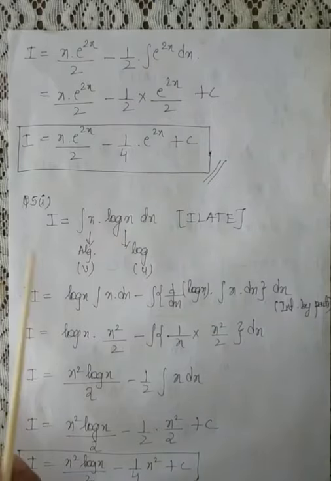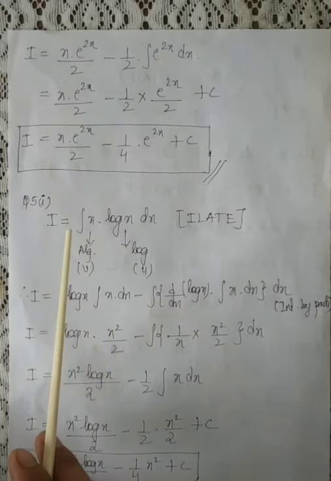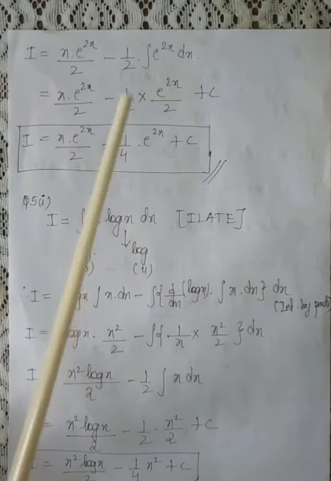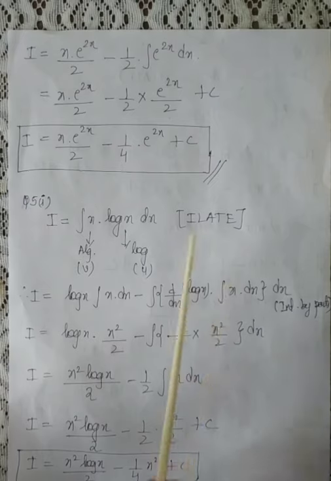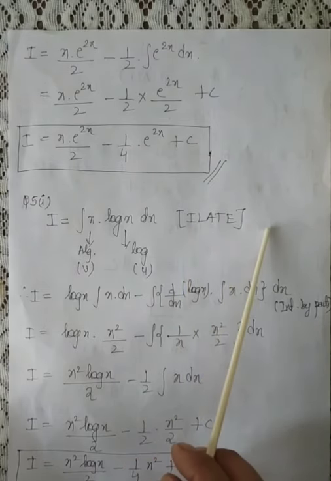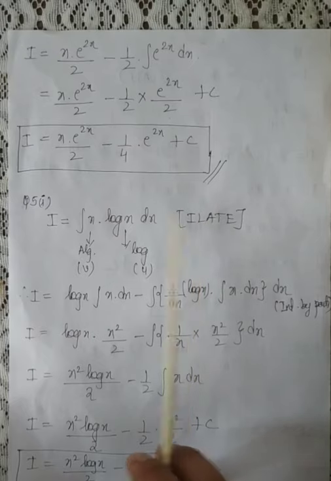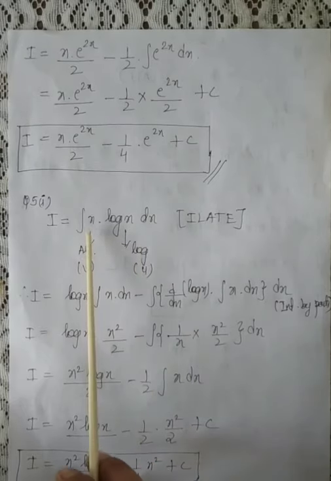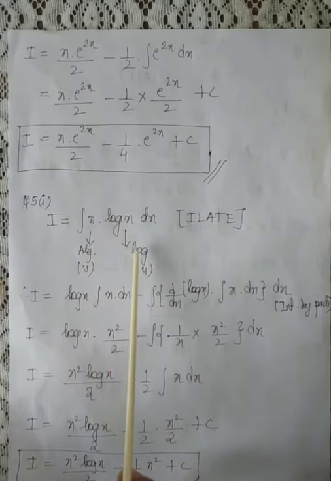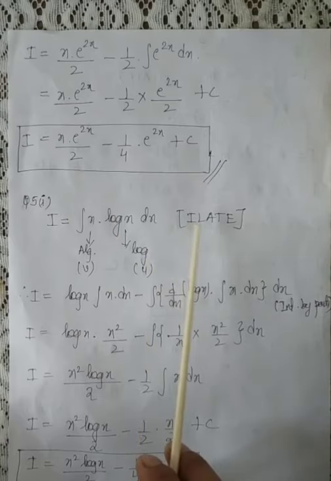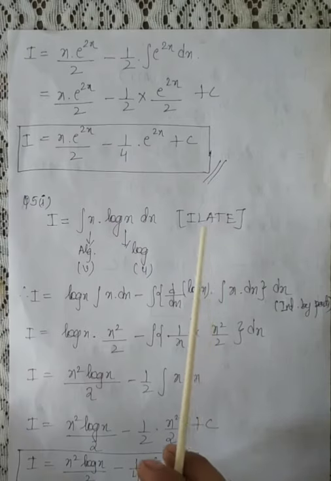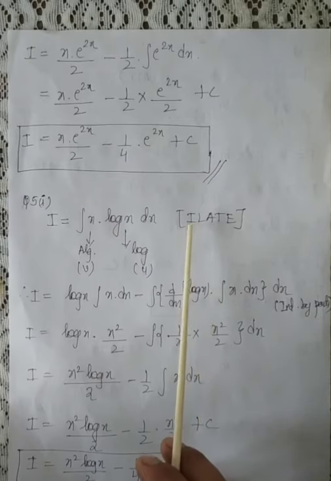Next one is question number 5. Question number 5 is integration x into log x. Again, use the word ILATE. So x is algebraic and log means logarithmic, right? Okay, so use the word ILATE. So logarithmic comes first in the word ILATE.